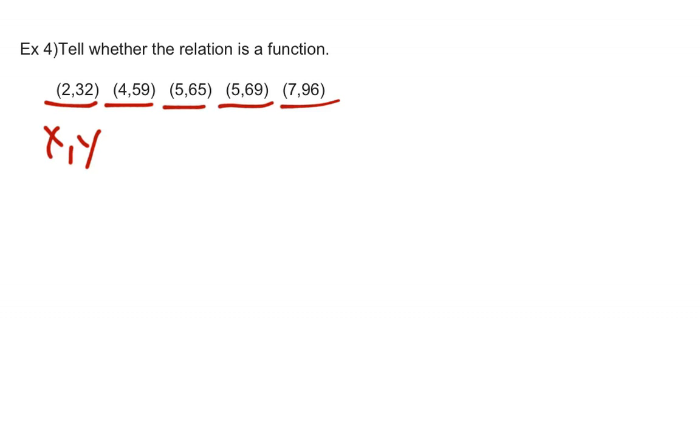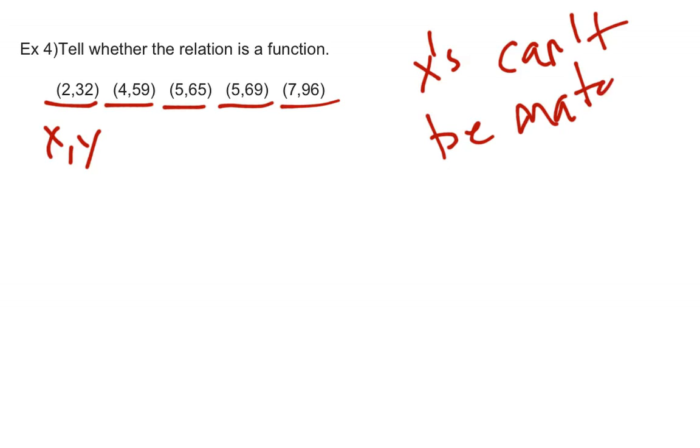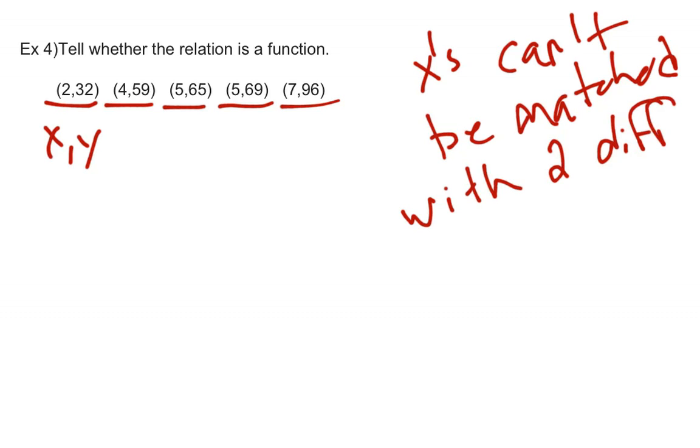But the thing is, x's can't be matched with two different y's. It's kind of like the x's are cheating on the y's if they're dating. You can't have an x matched with two different y's here.